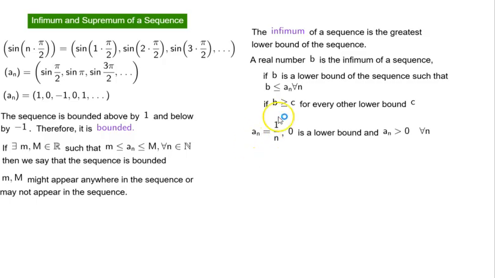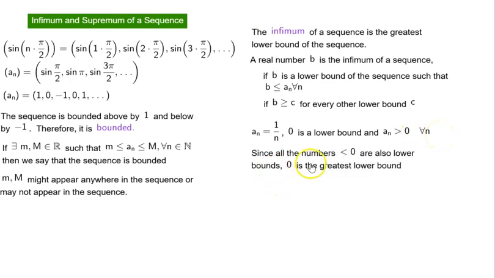So we have a sub n is equal to 1 by n. Now here 0 is a lower bound and a sub n is greater than 0 for all n. Since all the numbers less than 0 are also lower bounds, 0 is the greatest lower bound.